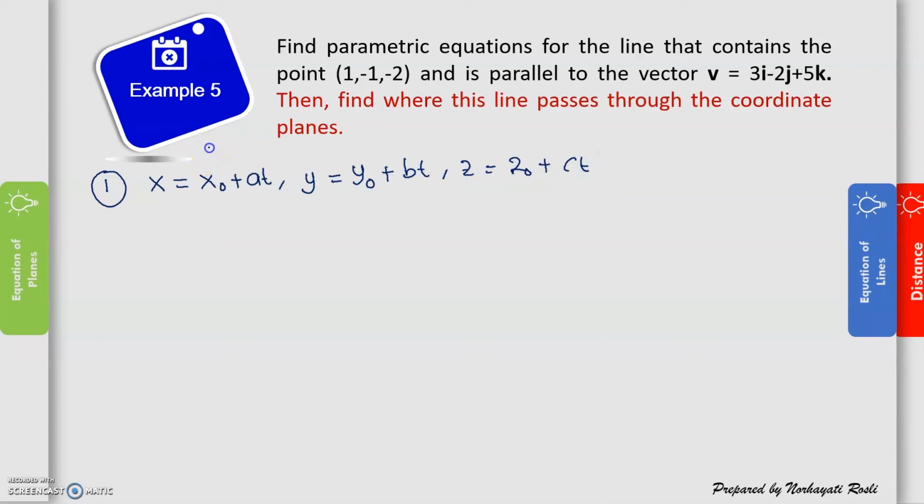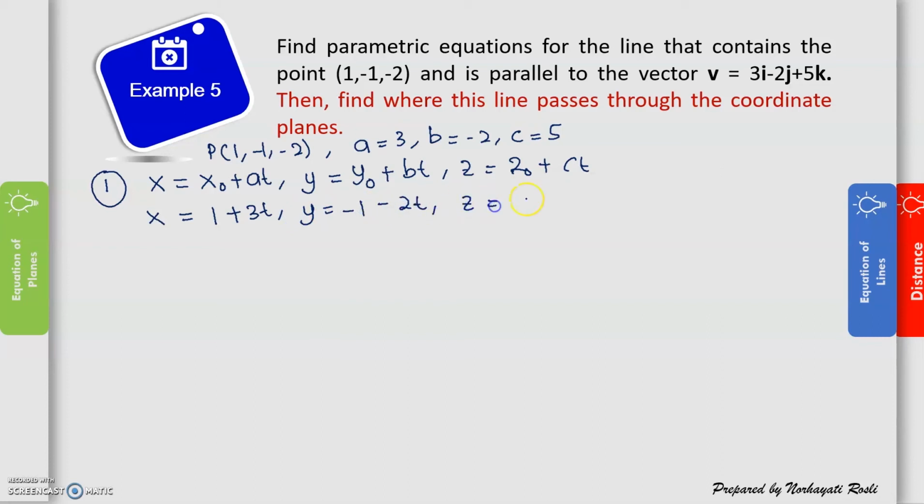In this case, we have a point P (1, negative 1, negative 2), and from this vector, we have a equal to 3, b equal to negative 2, and c equal to 5. So here, we can write our parametric equation: x equal to 1 plus 3t, y equal to negative 1 minus 2t, z equal to negative 2 plus 5t.